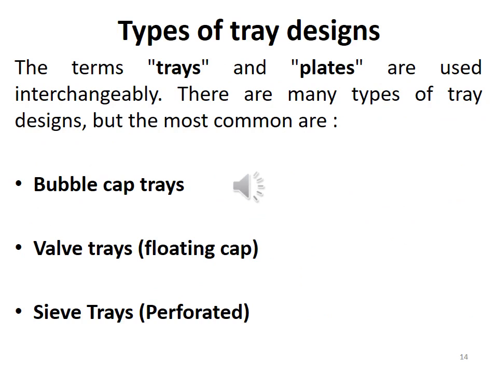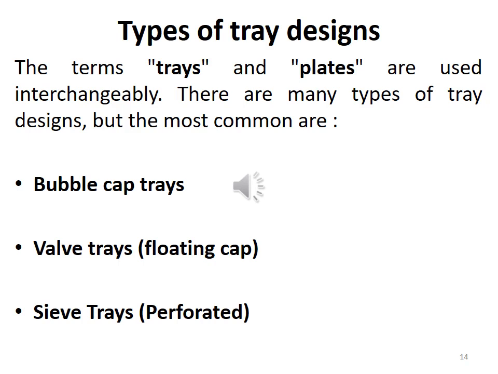In the previous slide we used two terms, trays and plates. Actually these trays and plates are terms which are used interchangeably. So there are many types of tray designs, but most common among them are listed here in this slide.